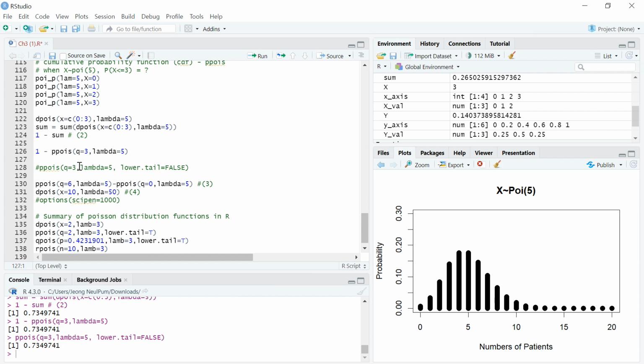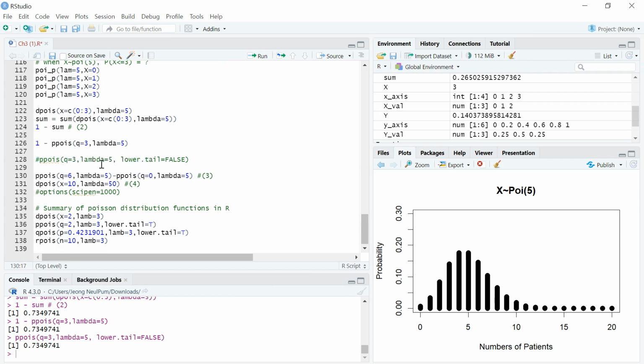But if you feel it is more convenient to use the lower tail option as false, you can also use this function. It's on your own, so just choose what you want.